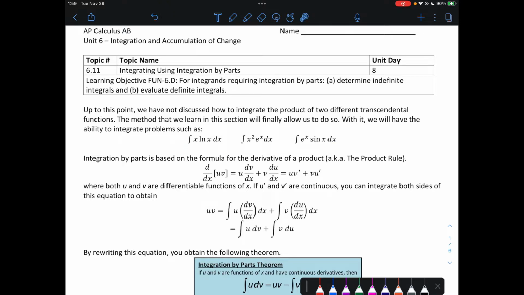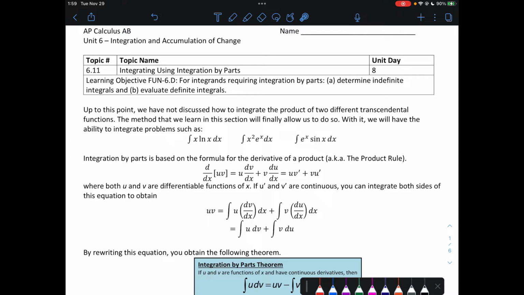Integration by parts is based on the formula of the derivative of a product, which you remember from our unit 3 called the product rule, where our derivative of a product would look like that, where both u and v are differentiable functions of some variable x.